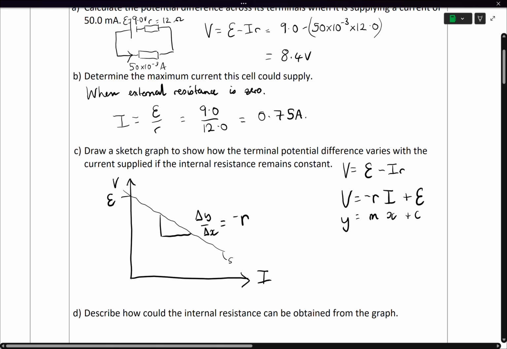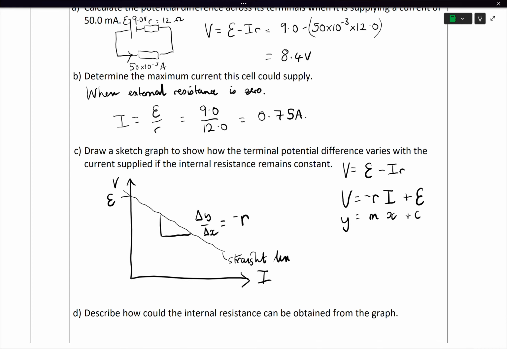Let's just label this. And that covers part D as well.